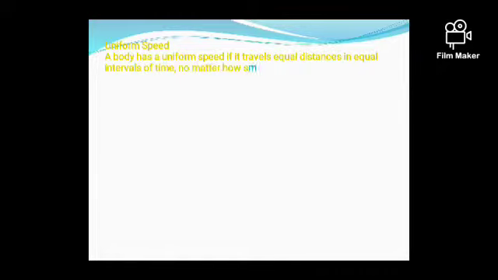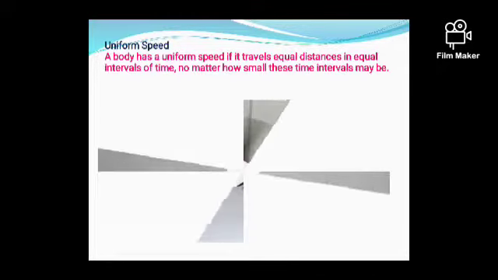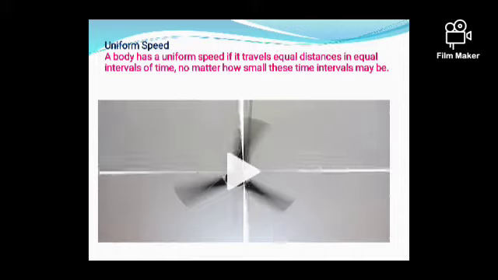Now comes uniform speed. A body is moving in uniform speed if it covers equal distance in equal intervals of time, however small the time interval may be. Now comes uniform motion.